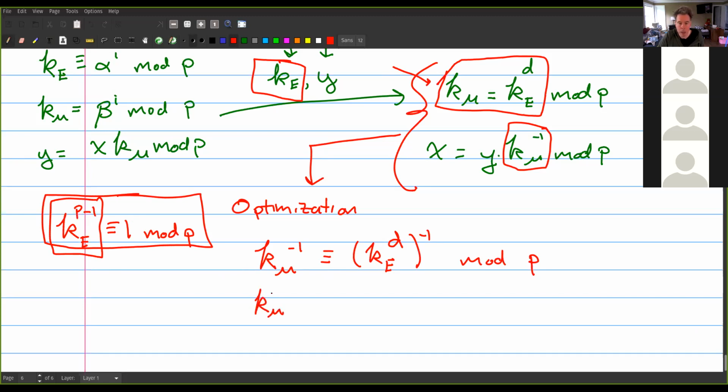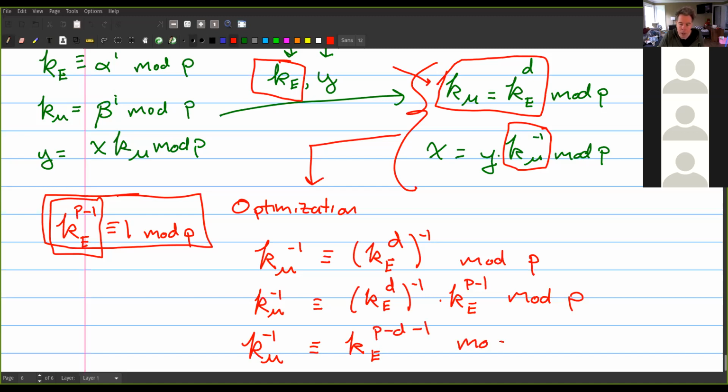So Km inverse is Ke to the D minus 1, but now times Ke to the P minus 1 mod P. And you can just put these exponents together, and Km inverse can also be expressed as Ke to the P minus D minus 1 mod P.